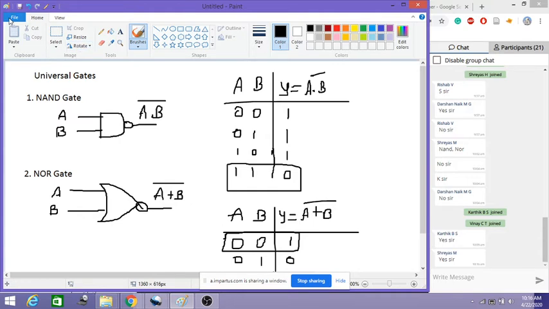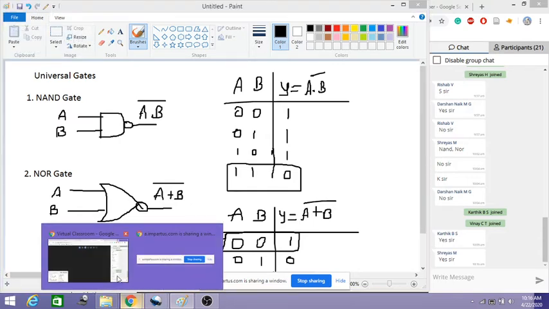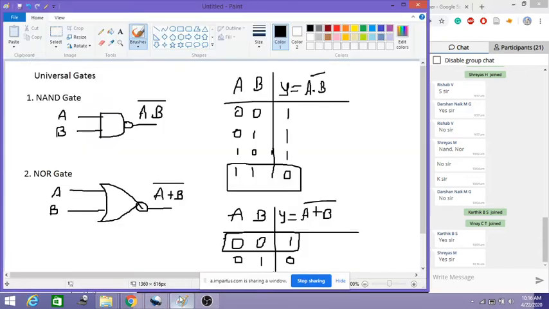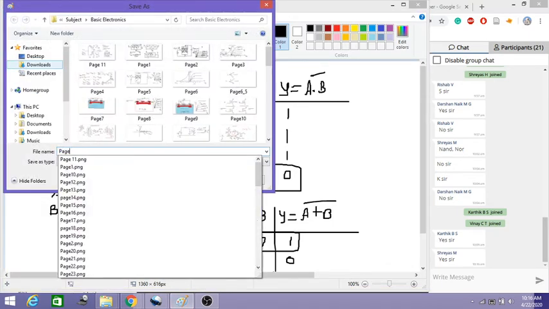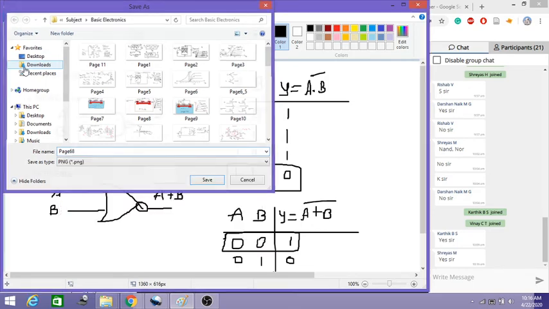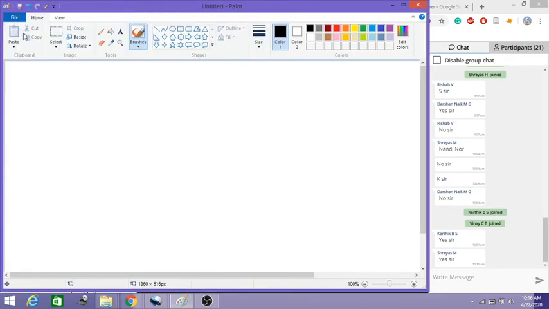So now let us look into a few examples here. There are many ways in which the examination may ask this.